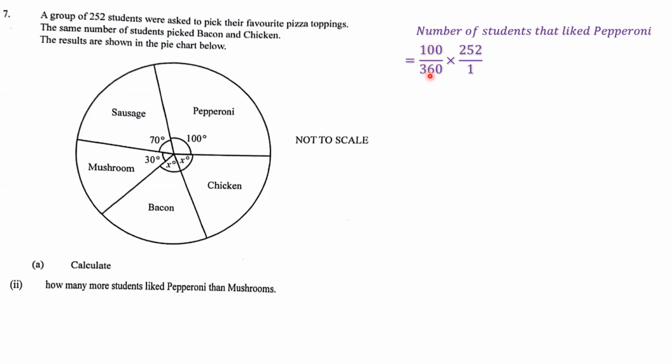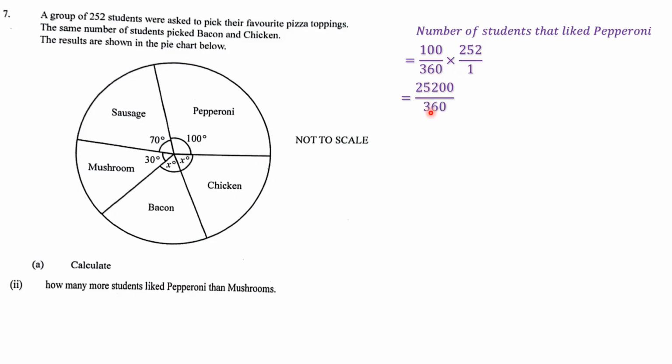That's the fraction of the number of students that are there, which is 252. We're going to take that fraction and multiply it by the amount of students that were asked in the survey. So we have 100 times 252, which is going to be 25,200 divided by 360.